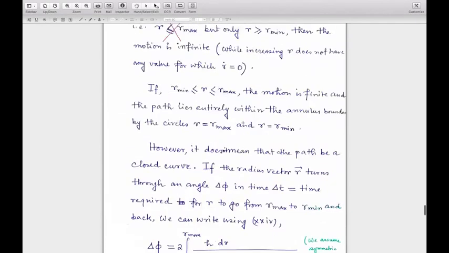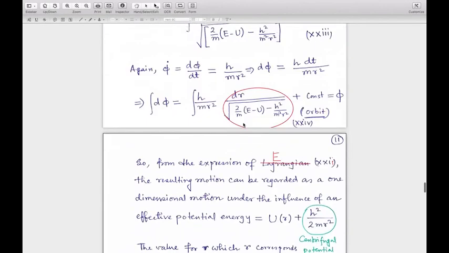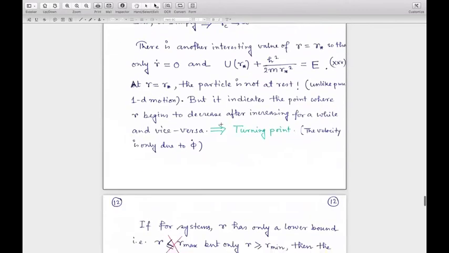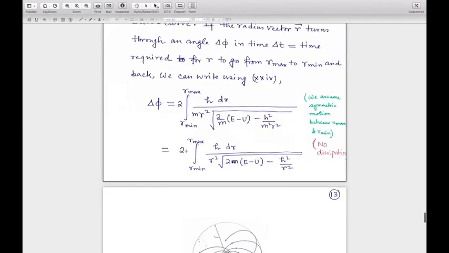This is just coming from this integration. Now remember, I have used here 2 just by saying that we assume symmetric motion between r max and r mean, because there is no dissipation.